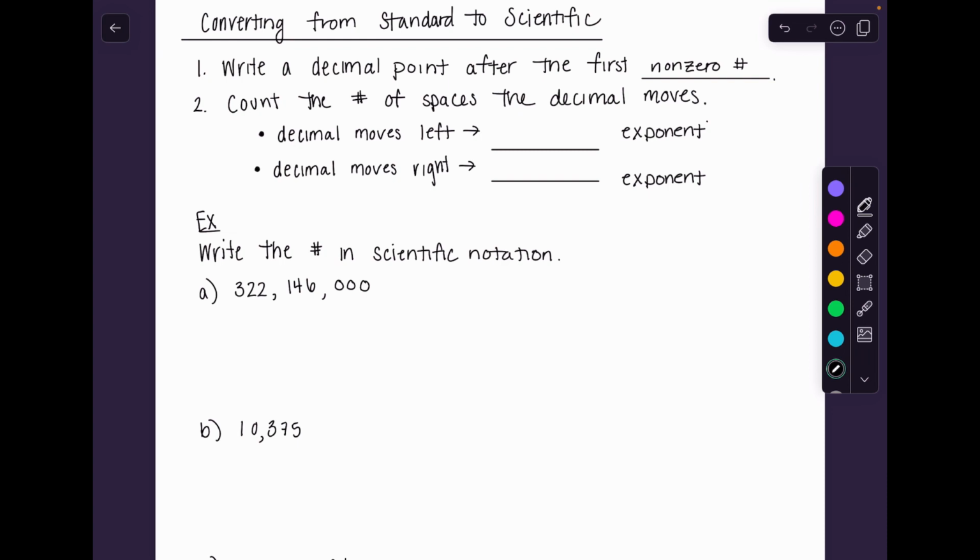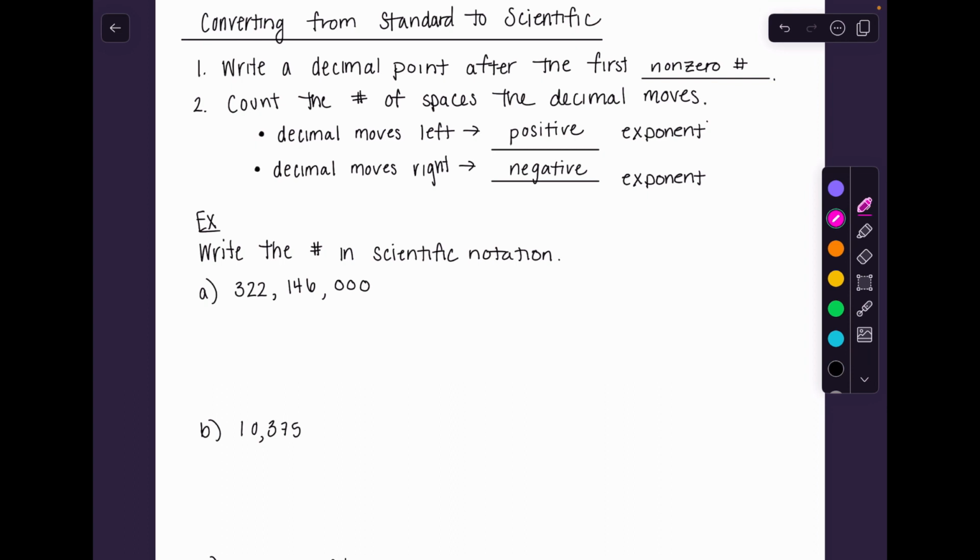If the decimal had to move to the left, this means you're going to have a positive exponent. If the decimal moves right, you're going to have a negative exponent. Okay. And the exponent is exactly the number of spaces that you moved. That's going to be what your power of 10 is.